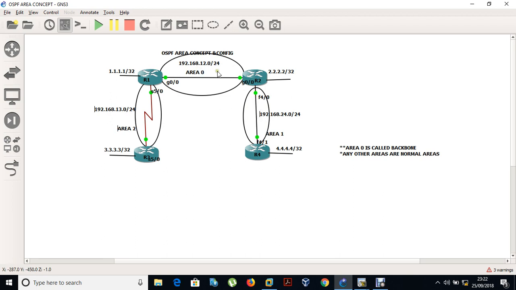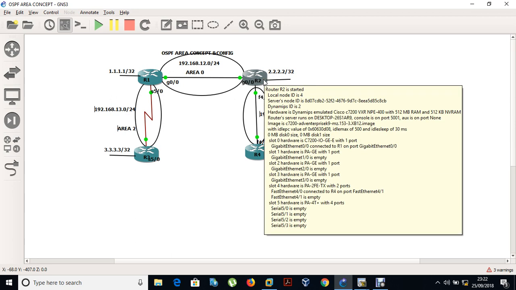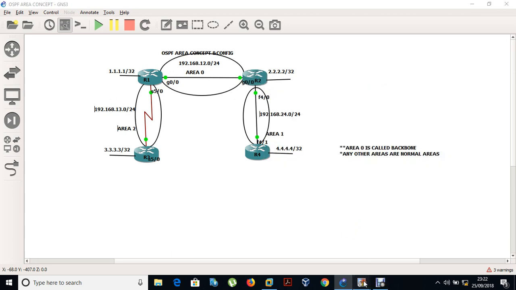For example, area 0 does not see in a detailed way routers in area 1 or 2. In area 0, every router will see each other. They will see the IP addresses of each other. But when it's connected to another area, only brief information will be passed by the area border router.